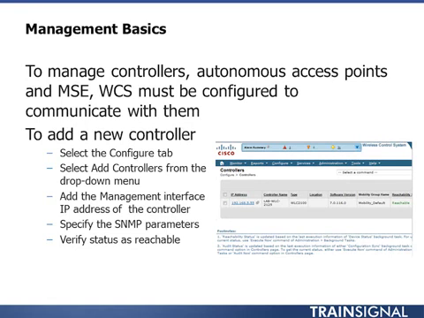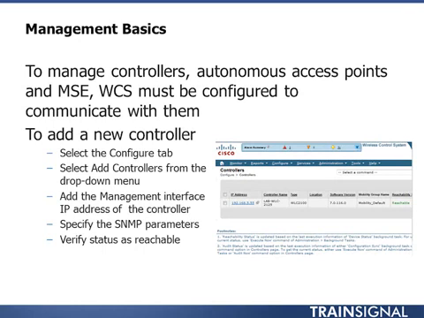And this is very important to get right, because you'll need those in order for these two boxes to talk to each other and to send SNMP alarms, etc., from the controller to the wireless control system. And once you've done that, the wireless control system will begin communications with the wireless LAN controller, and it'll then bring it up and display it just like you can see in this picture here.